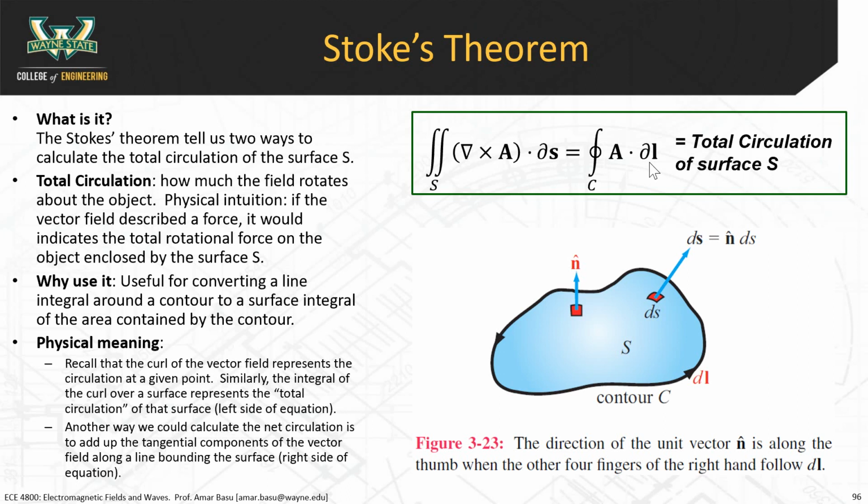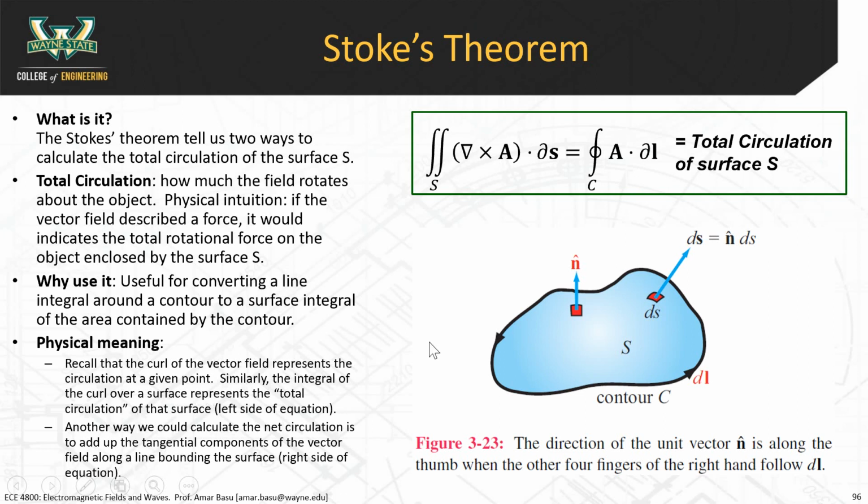The other thing is that in certain situations it may be easier to calculate del cross A, to calculate the curl and do it this way. And in other situations it may be easier to calculate the line integral around the outside and then figure out the circulation that way. But there's two ways to skin the cat, just like the divergence theorem.